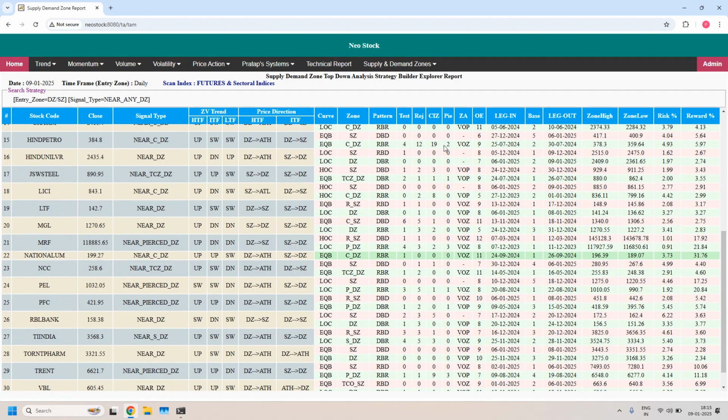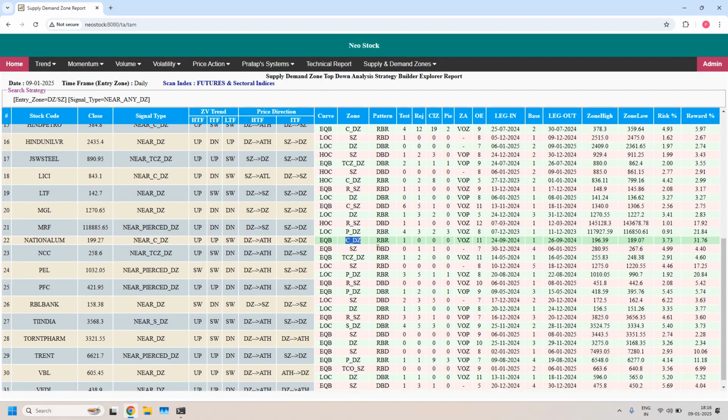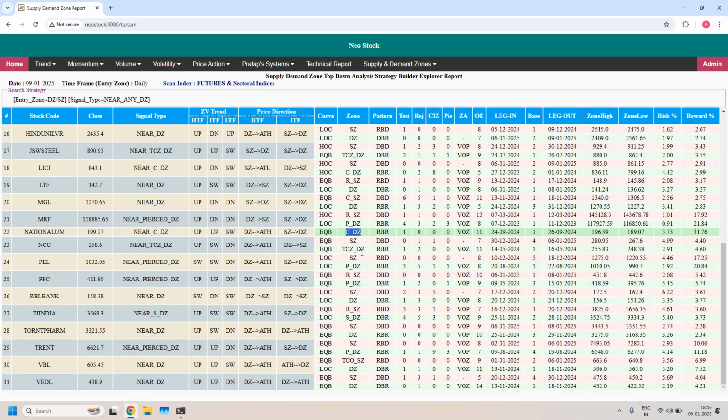Next one is invalid, it is a pierced zone. Next one is LIC. Next one is National Aluminium. Next one is TI India. That's it. We got 8 high liquidity daily demand zones from this list.